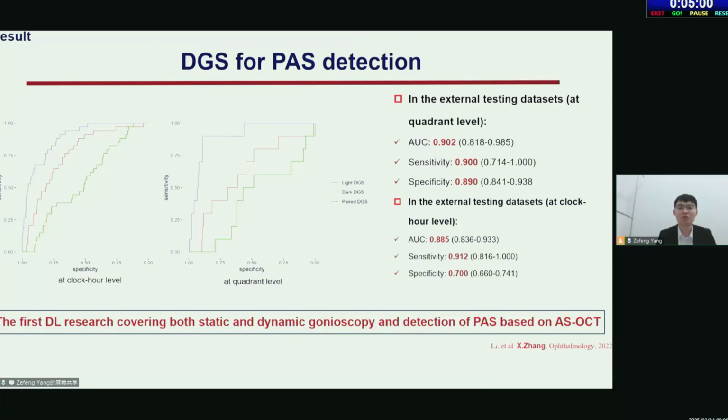The AUC was 0.902. Both sensitivity and specificity were above 90%, demonstrating the system's high accuracy in detecting PAS. At the clock hour level, this value was slightly lower, but still robust, showing the potential for accurate detection.